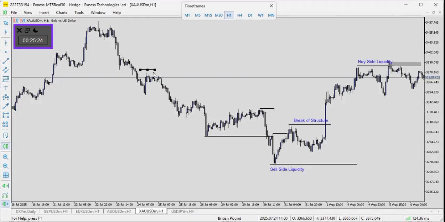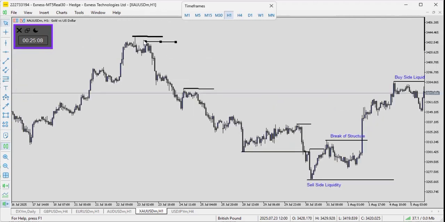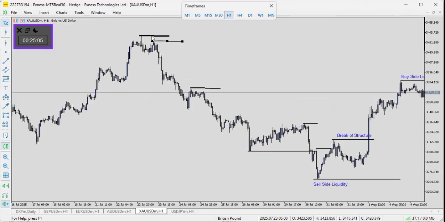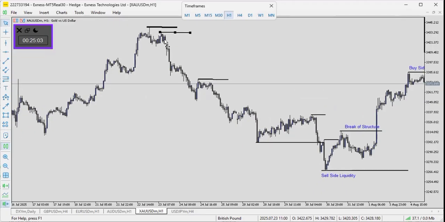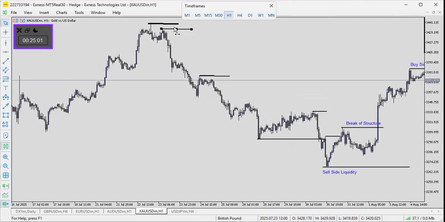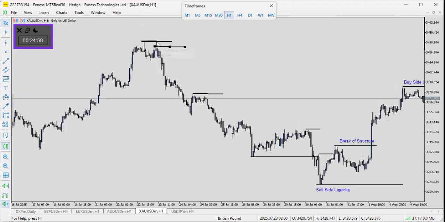This is another high point for this particular downtrend, and this is another high point for this downtrend. You can also take this point. You have to mark them; this is part of the exercise you do. When the market is in a downtrend, you mark all the highs and you mark all the lows.